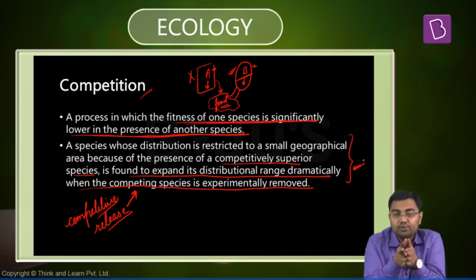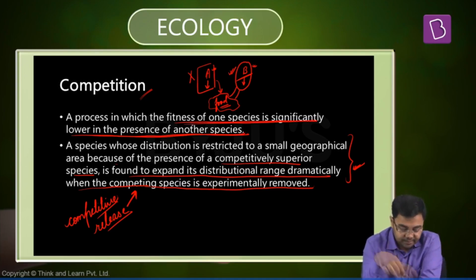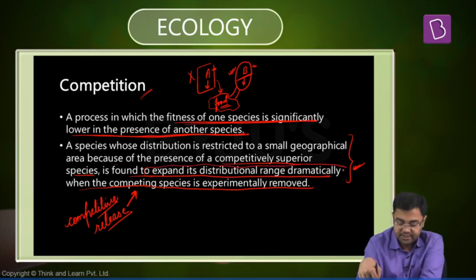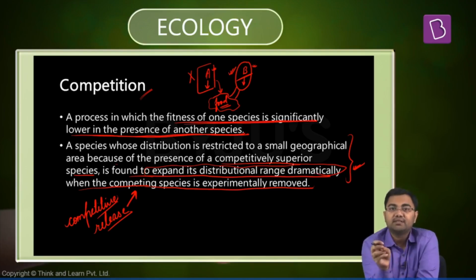So if we remove the superior species, then the weaker species will expand its distributional range dramatically. This is what would happen. So in general, what we have seen is that herbivores and autotrophs, that is herbivores and plants, appear to be more adversely affected by competition than carnivores do.